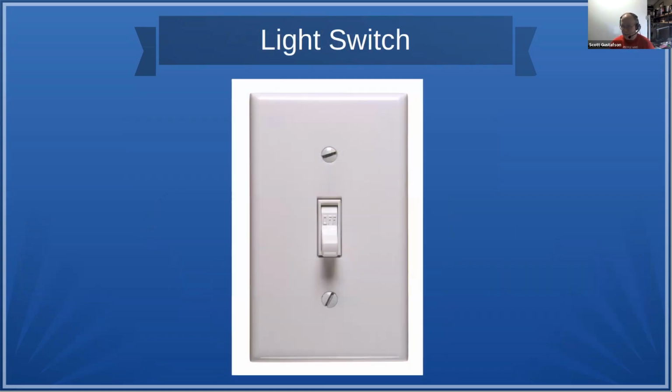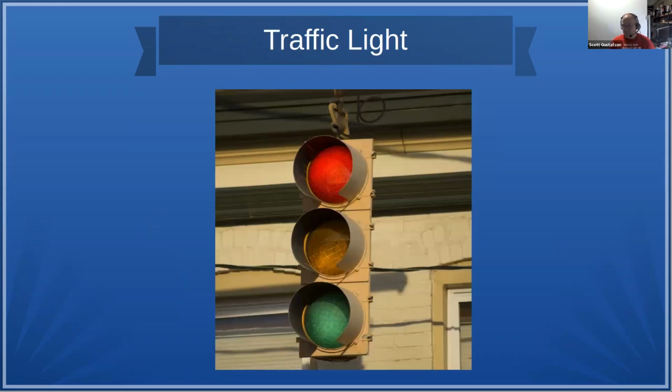So a way to explain some of the state machines, a light switch. It's on or it's off. It's got two states, on, off. I have my traffic light, 3 states, green, yellow, red. And there could be fancy ones based on time of day. Maybe I have a flashing yellow at certain times of the day or night, or flashing red at certain times of the day or night.